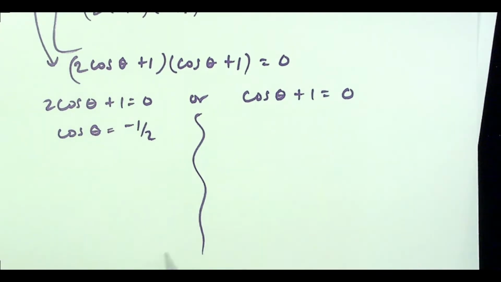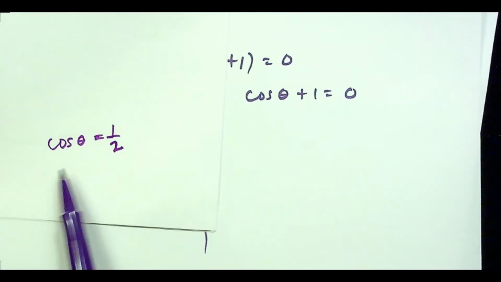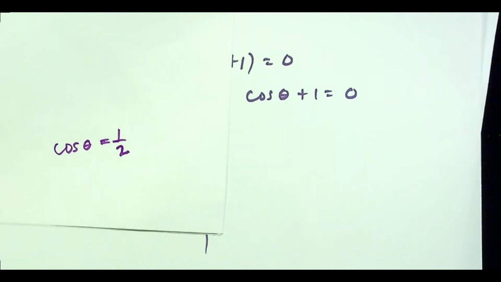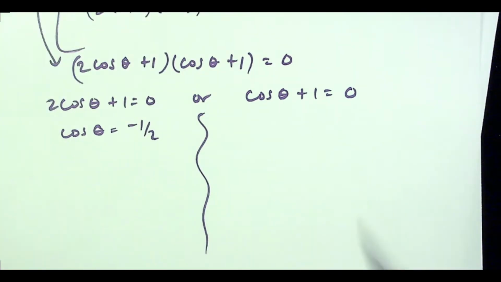Because it's negative, it's not among those that you're supposed to have memorized and know by heart. If it was positive, then it would be one of the ones that you're expected to know. So if it said cosine of theta equals a half, that's an angle that you should be able to tell just from memory. This one is negative, so it isn't one of them.